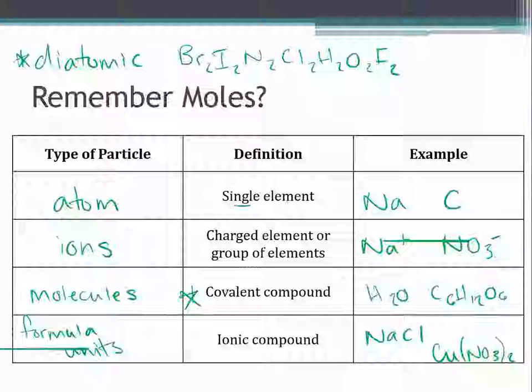So moving forward, you're going to be using Avogadro's number to talk about the type of particle in the problem. Maybe that'll still mean atoms, maybe it'll mean ions, maybe it'll mean molecules, maybe it will mean formula units. You're just going to have to decide based on the problem what Avogadro's number really means, or what it can be applied to, because it will always mean 1 mole. Doesn't matter what you are talking about, but 1 mole of anything is 6.02 times 10 to the 23rd of that thing, always and forever.